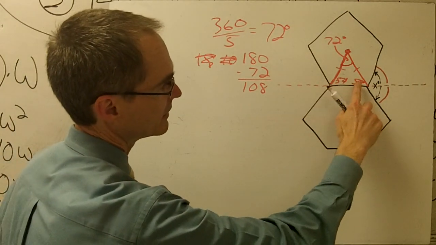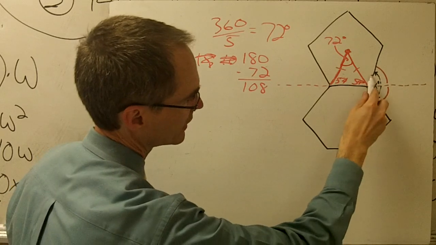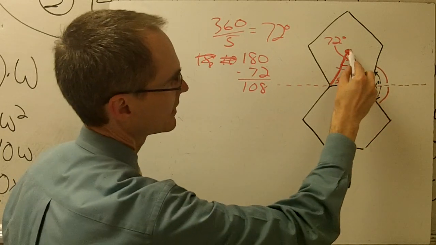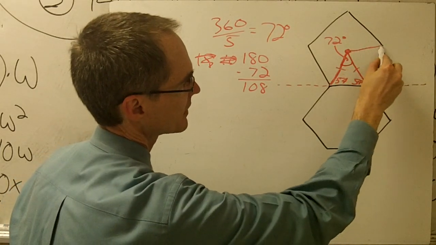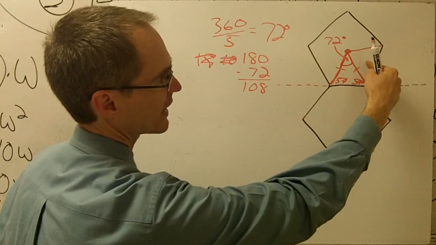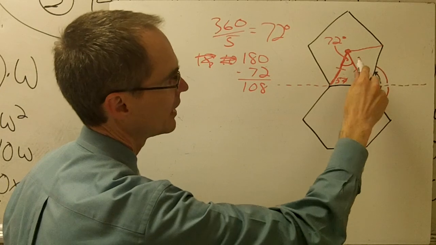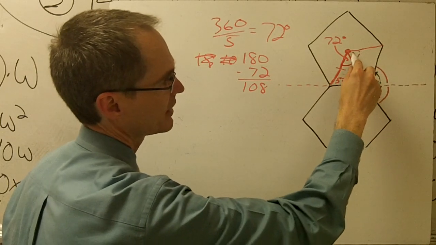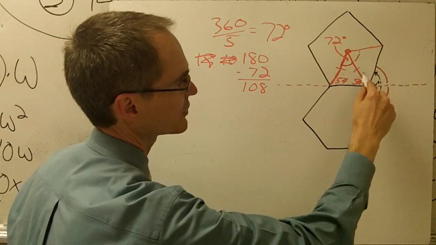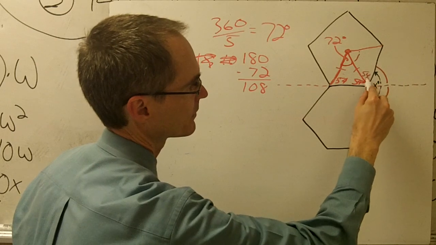Well, notice I don't yet have this whole interior angle here, but I could do exactly the same thing that I just did for this triangle right here, and I'm going to get exactly the same thing because these two triangles are congruent, which means this angle here is 72 degrees, and these two angles here are both 54 degrees.